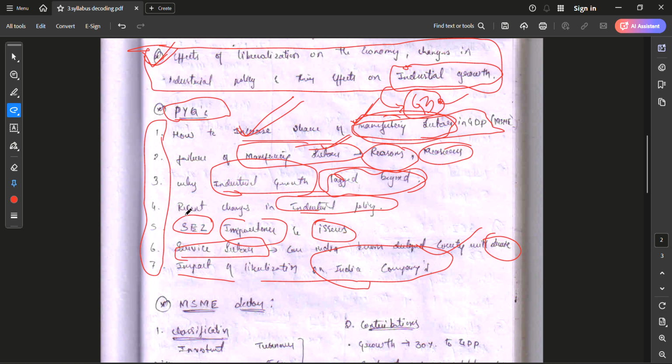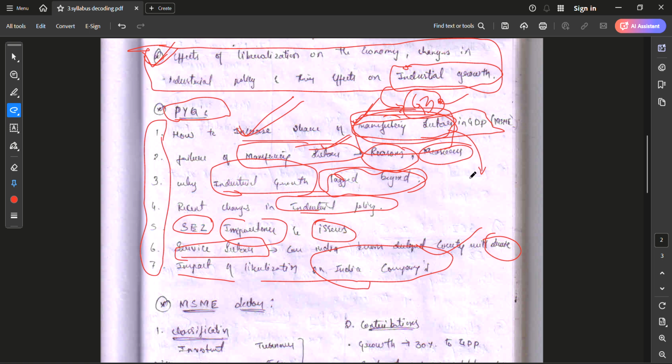You can see I have written each and every theme clearly here. If they mention the manufacturing sector in a previous year examination, then you need to bring that manufacturing sector into one book, one page, and you need to brainstorm it all-round.